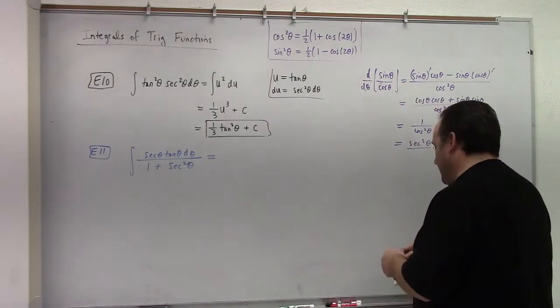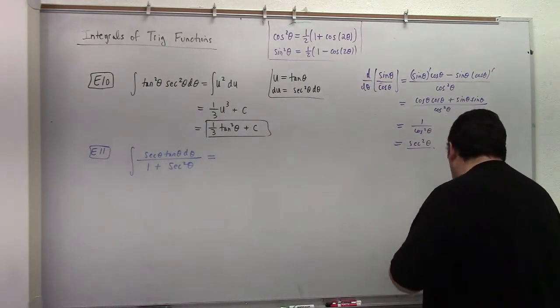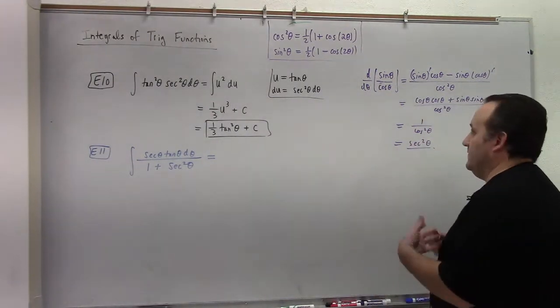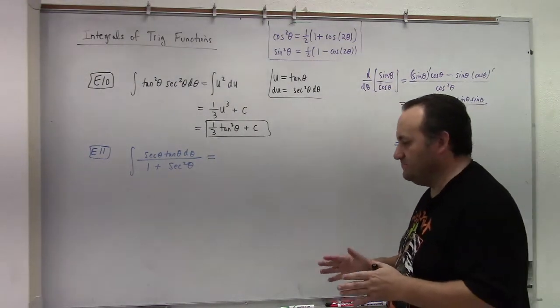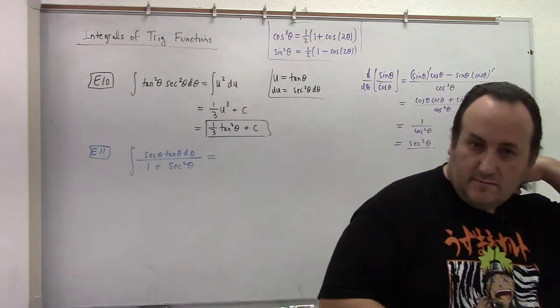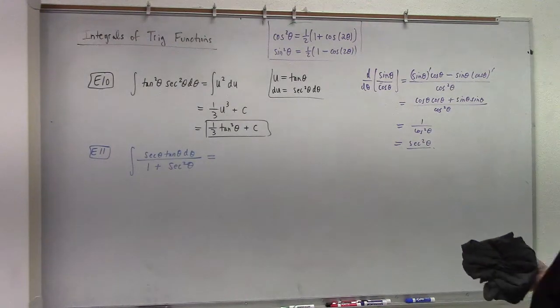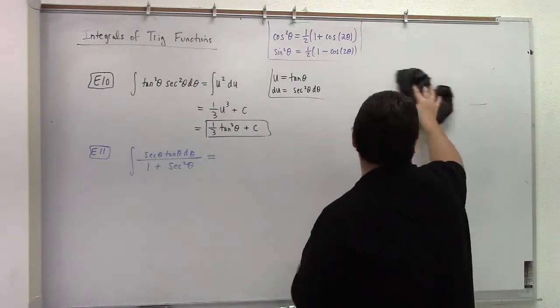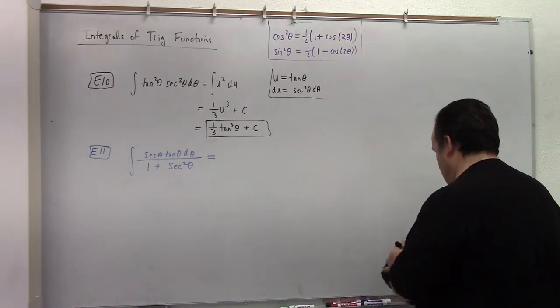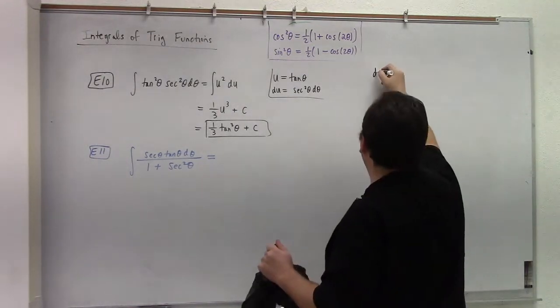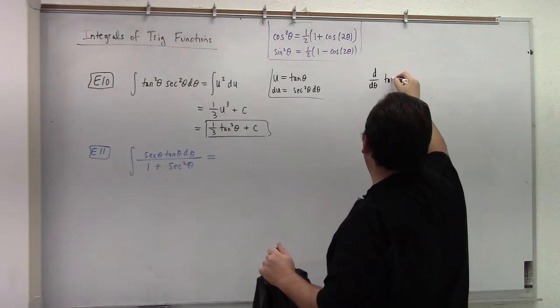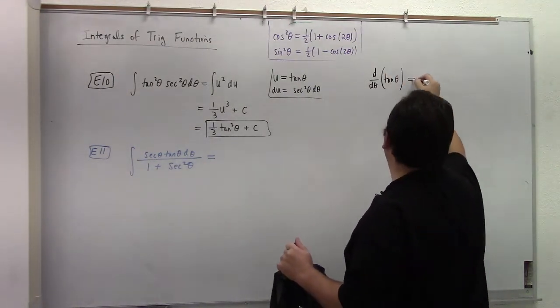So, things to keep in mind when you're faced with a problem that involves tangent and secant. There are two things you must keep in mind. The one is that the derivative with respect to theta of tangent theta is secant squared theta.